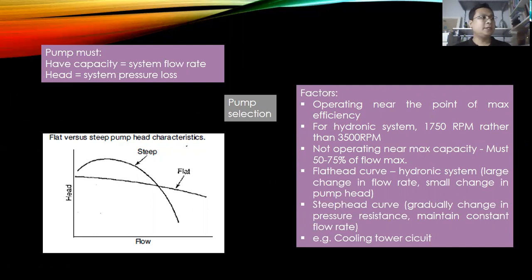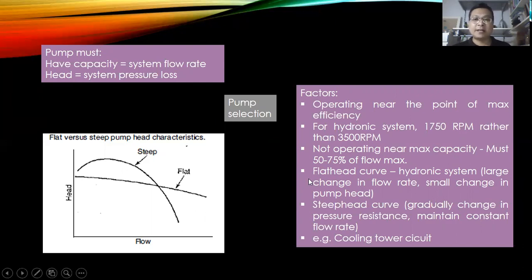So we should select the pump based on the calculation of the NPSH, net positive suction head. It should be a maximum of 75% of the power. So we should build in a safety margin in the pump selection, not more than 75% of the pump operating capacity.